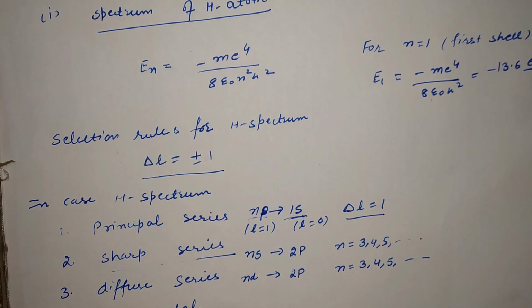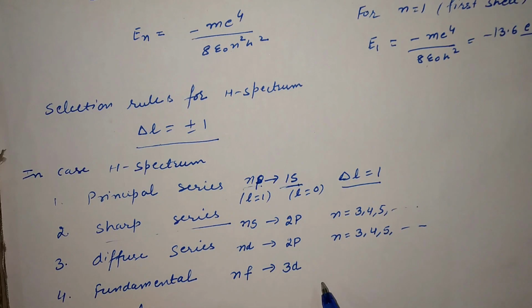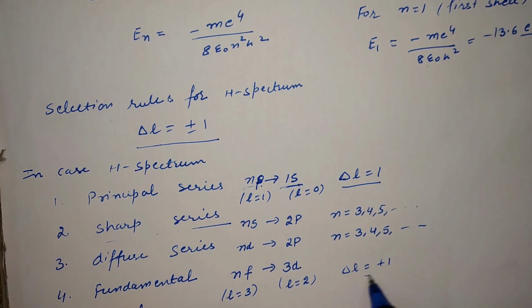And the last one, the fundamental series, starts from nf to 3d. Again we check whether the difference of L satisfies the selection rule. For the f state, the value of L is 3. For d, the value of L is 2. It means that delta L is plus 1, which also satisfies our selection rule.